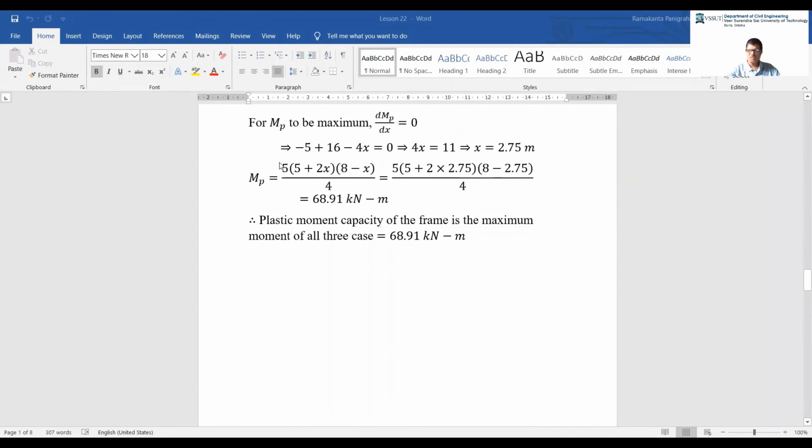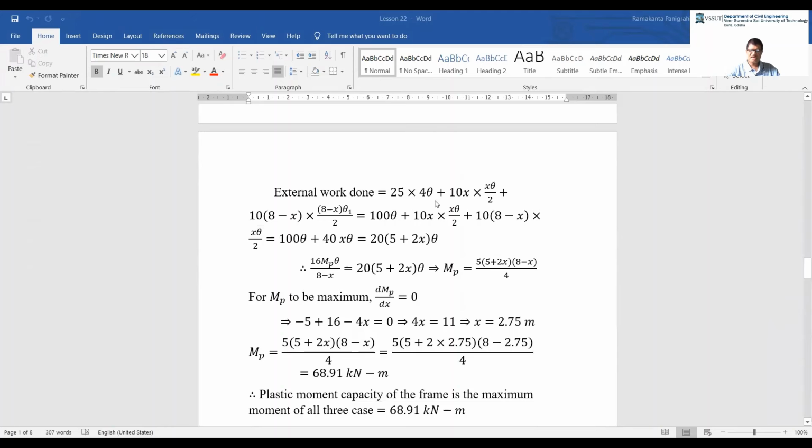One can also take the total load, half into 8 into 10, half into 8 distance into x into delta. Rather than going through all these parts, we can also do it the other way.